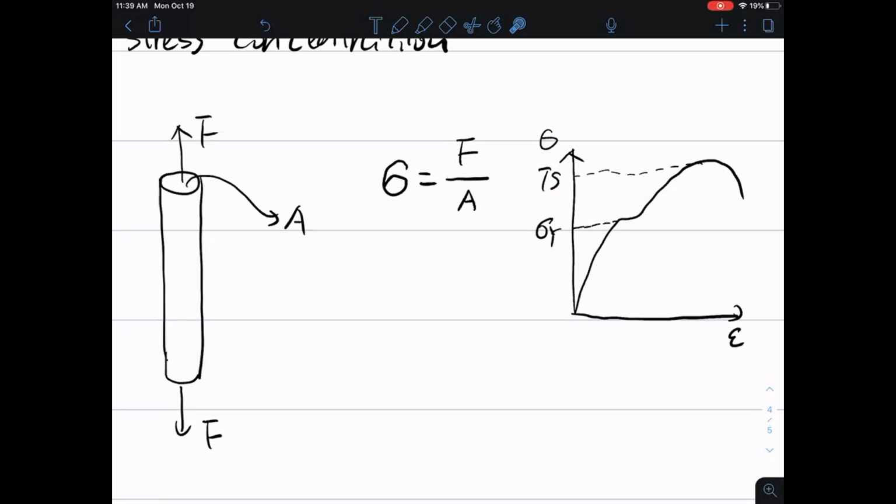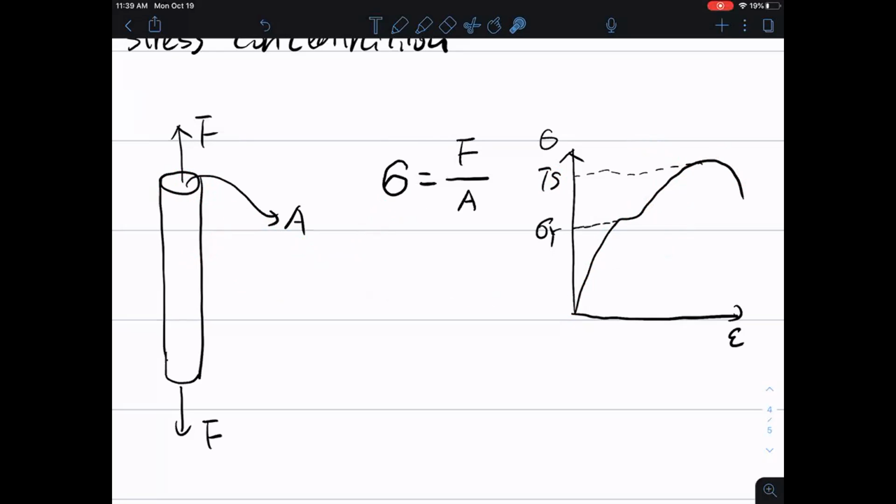But what if we add cracks and flaws into this metal bar? Would this still hold? So the calculation we're doing here is based on a perfectly manufactured metal bar that performs this stress strain curve as we want.